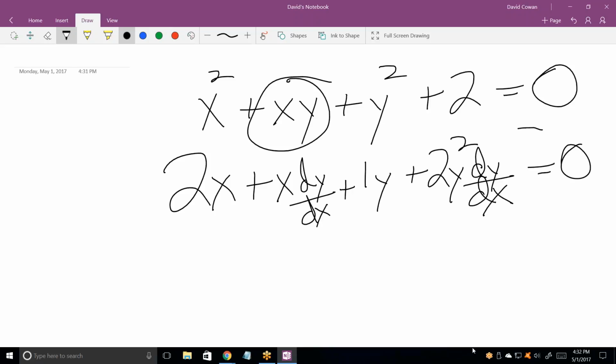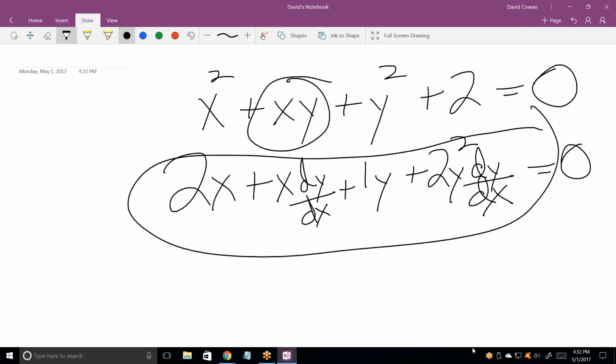Now, to solve this one for dy dx, I gather this term together with that term, factor out a dy dx, move everything else to the other side, and so forth and so on.